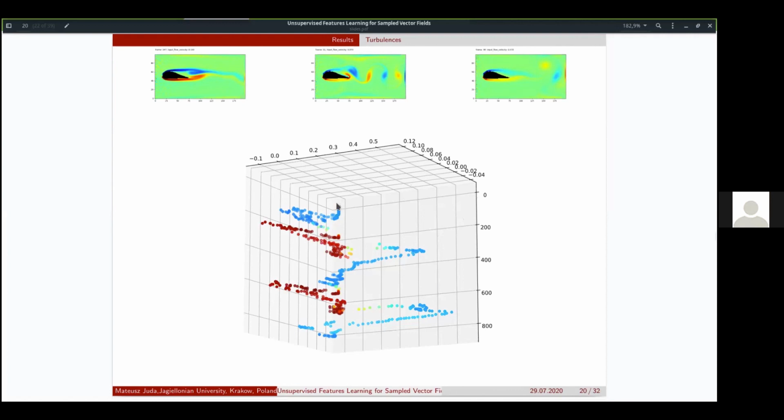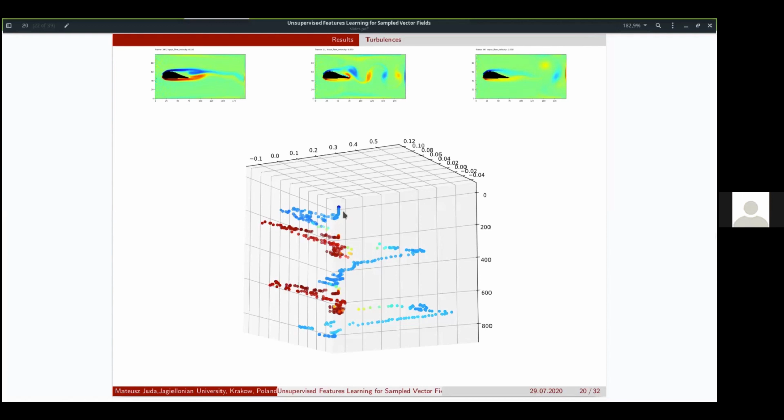According to the changes of time, each dot represents the features of each time frame, and the colors represent the Reynolds number. The Reynolds number, in some sense, describes the kind of turbulence in the flow.